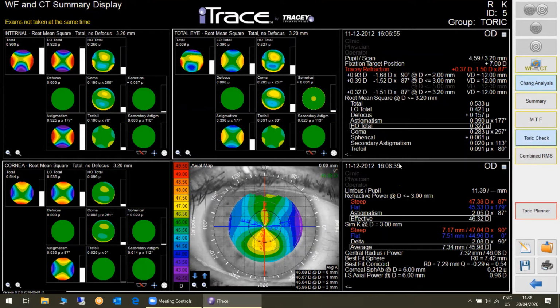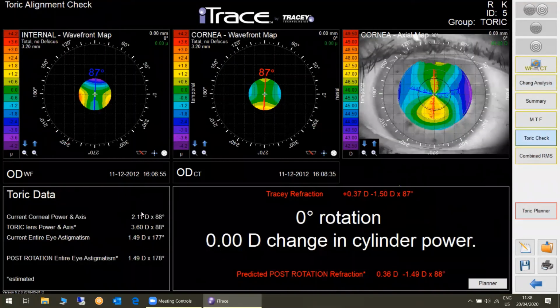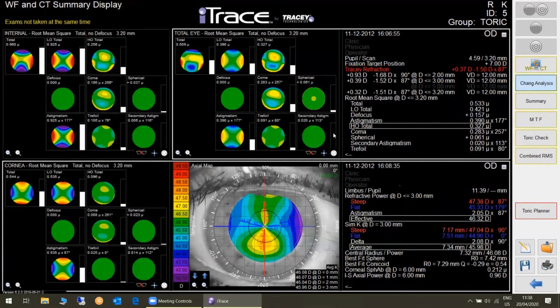In fact, we can see here the cornea was 2 diopters, and they've put in a 3.6 lens. So we are overcorrected with 1.5 diopters. And then again, I will ask why. Why did this happen? And then I see that this astigmatism is asymmetric. This doctor has used only his IOL master.